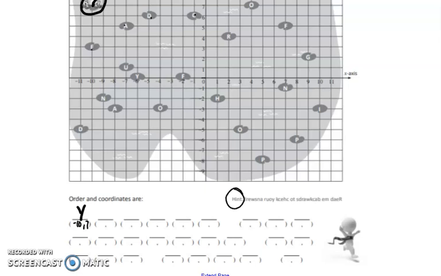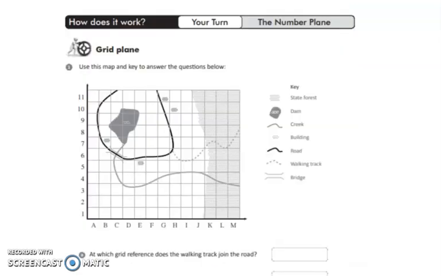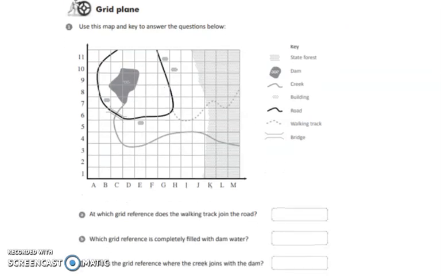All right. The last page is combining mapping with these Cartesian coordinates. You have your legend right here, and that tells you what all these things on the map are, and it asks you some questions. So let's do B. Which grid reference is completely filled with dam water?